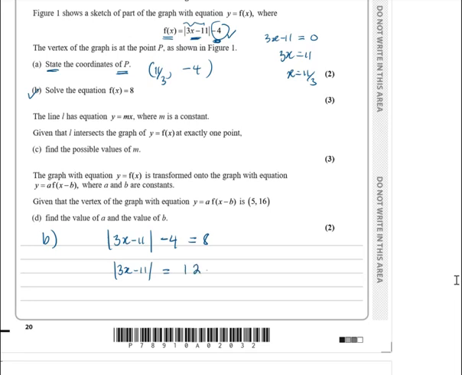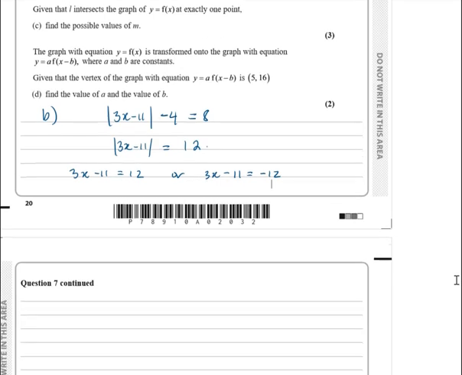How I want you to understand this equation: if the modulus of 3x minus 11 is equal to 12, it means that either 3x minus 11 is equal to positive 12, or 3x minus 11 is equal to negative 12, because the original expression inside the modulus can be negative or positive.